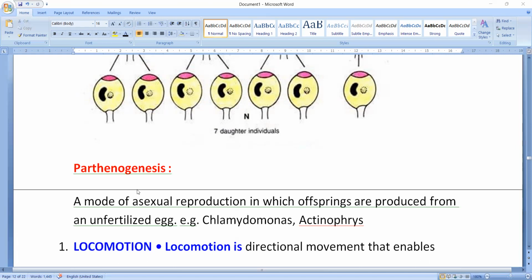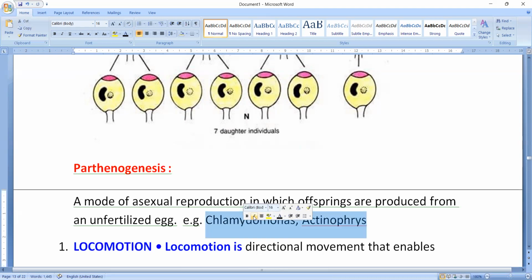And then parthenogenesis. So what is parthenogenesis? It is a mode of asexual reproduction in which offspring are produced from an unfertilized egg. Examples for parthenogenesis are Chlamydomonas and Actinophris.